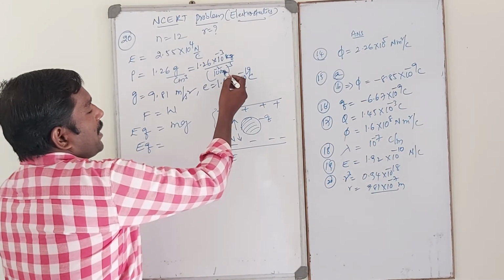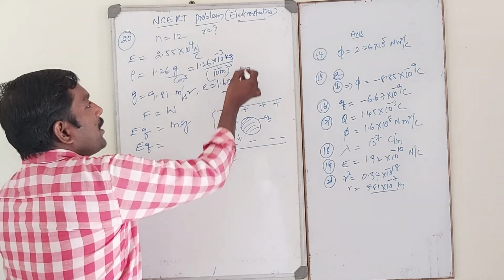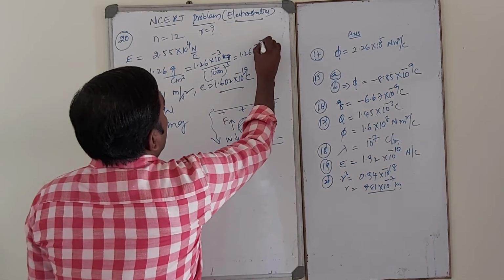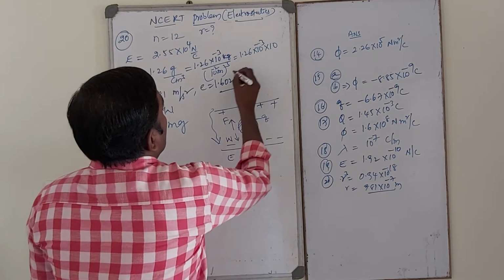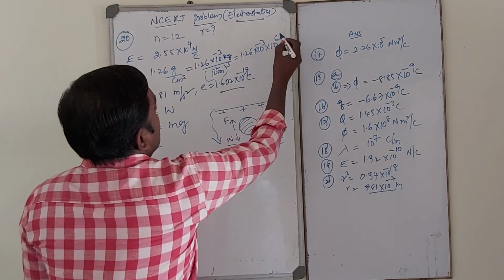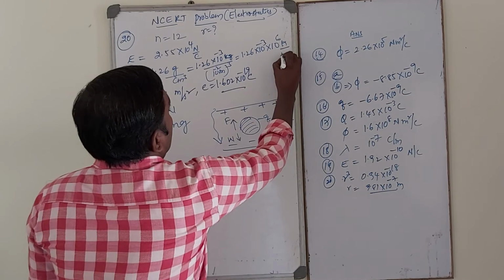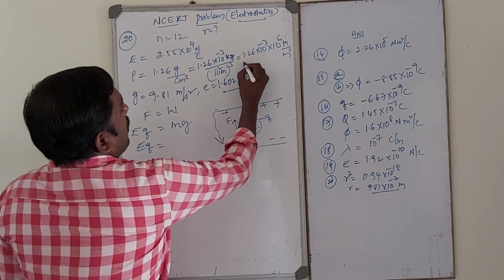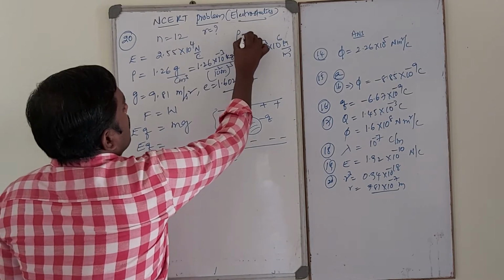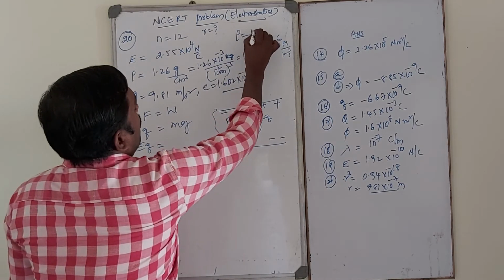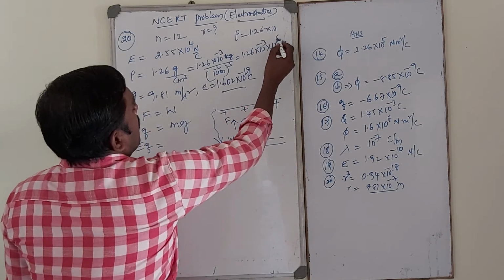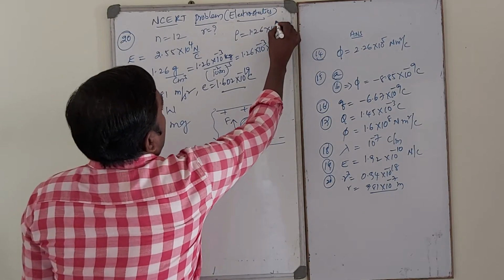The 10 power minus 6 is taken from the denominator to the numerator. So 1.26 into 10 power minus 3 into minus 6, which is plus 3, kg per meter cube. So ultimately the density rho is equal to 1.26 into 10 to the power of 3.